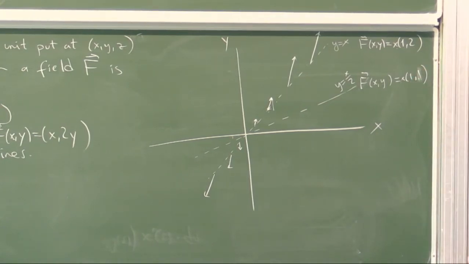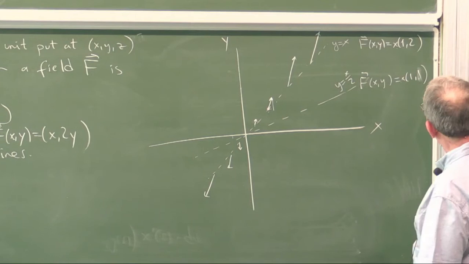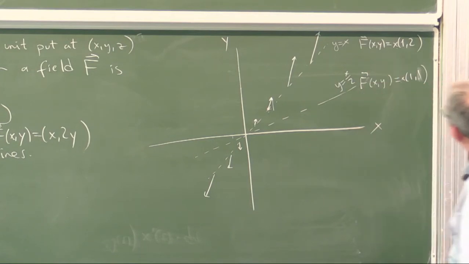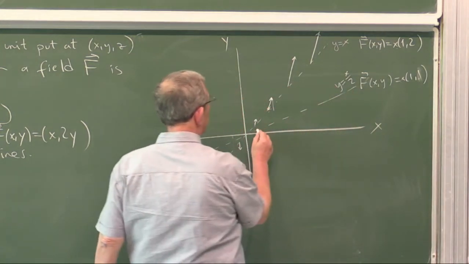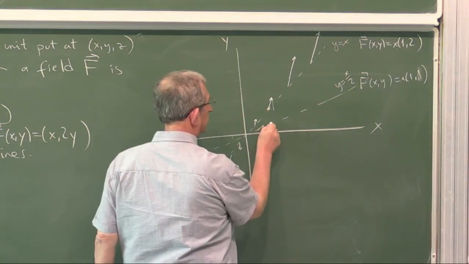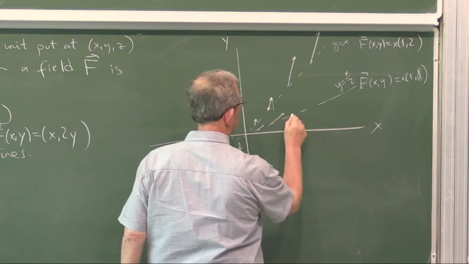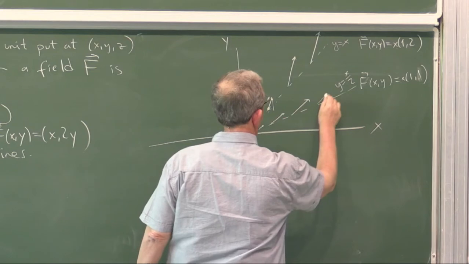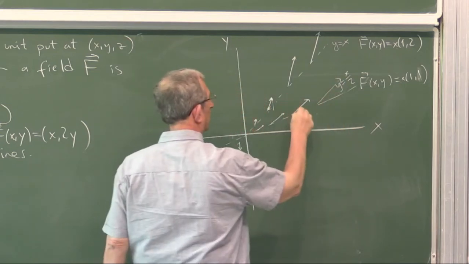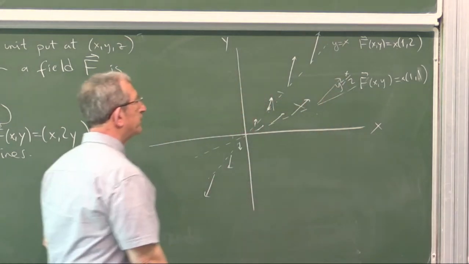Because you have 2y, y is x over 2, so it's in this direction. In other words, on this line it will move like this, parallel to y equal to x.